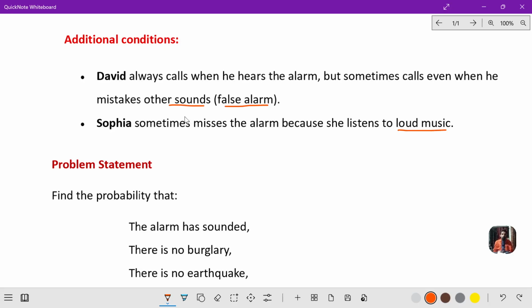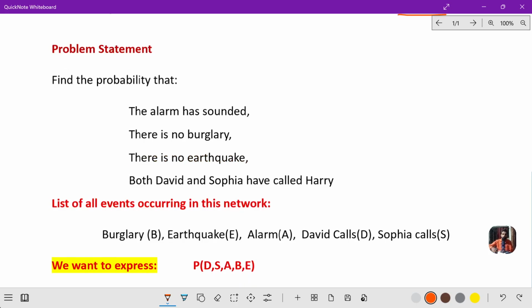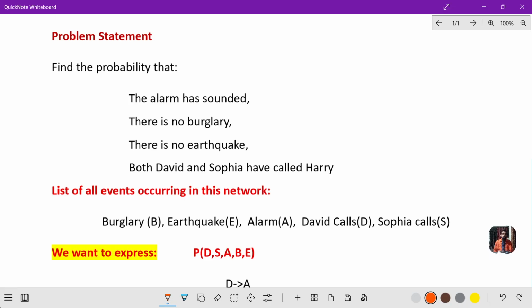Okay, so sometimes Sophia is not going to hear the alarm because she may be listening to loud music from other places. Now what is the problem statement over here? We can observe one of the most important points here.